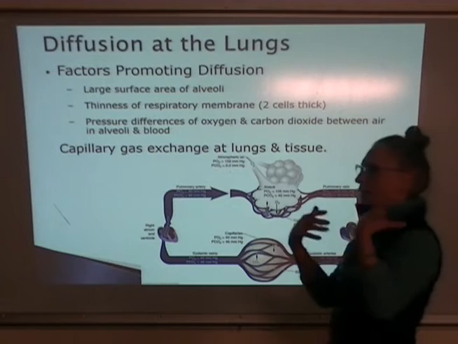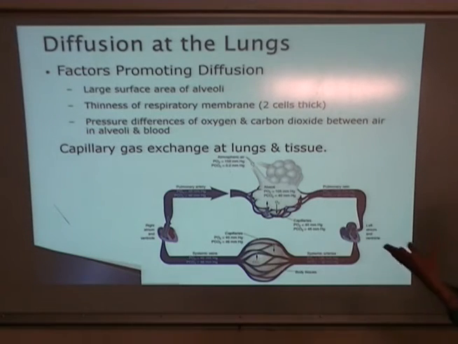It's a waste product, so we have to be able to get rid of it. And so we see the flip occur. Because we're making carbon dioxide in the muscle tissue, and we don't have very much carbon dioxide in the bloodstream, the carbon dioxide can leave the muscle tissue, go into the bloodstream, and get carried around.